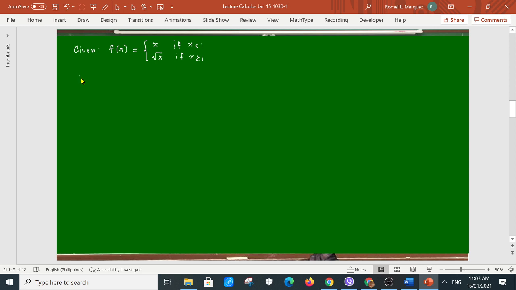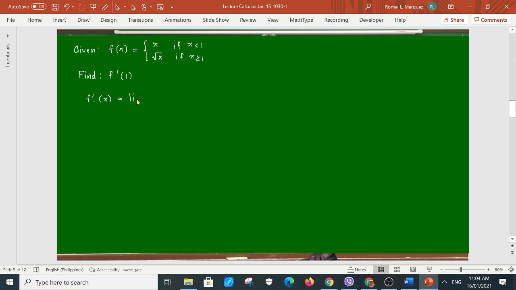So, find f prime at 1. Let's see if the derivative exists here. So we have f prime from the left. Well, let's start with f prime from the left.